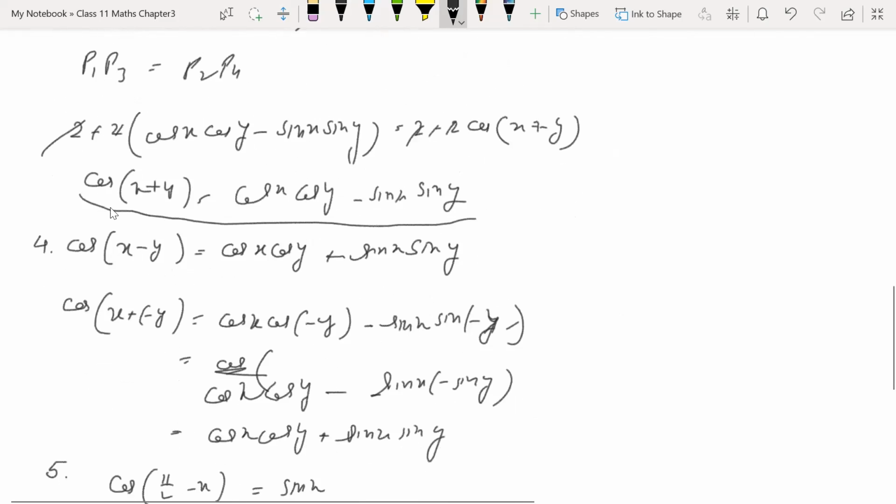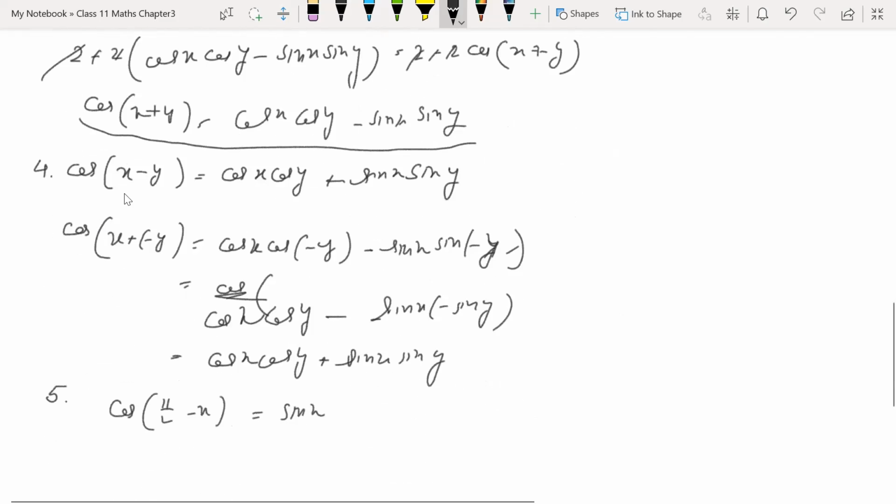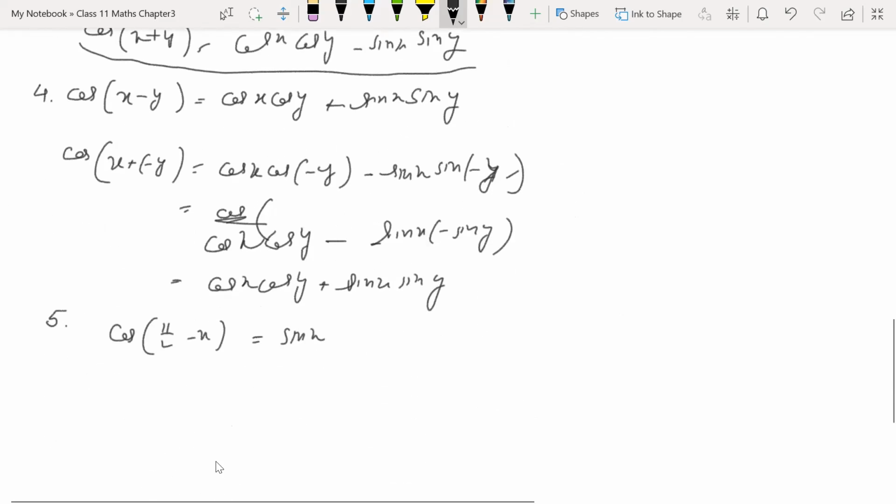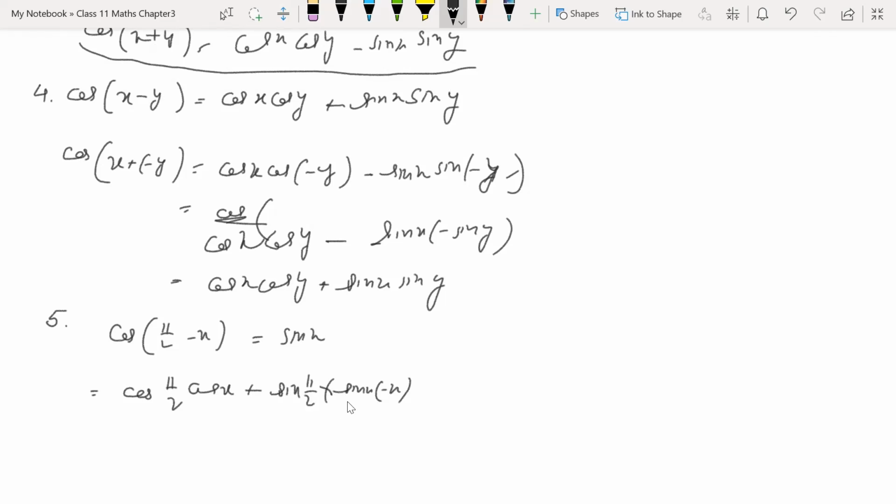According to identity 4, cos of pi by 2 minus x is cos pi by 2 cos x plus sin pi by 2 sin minus x.